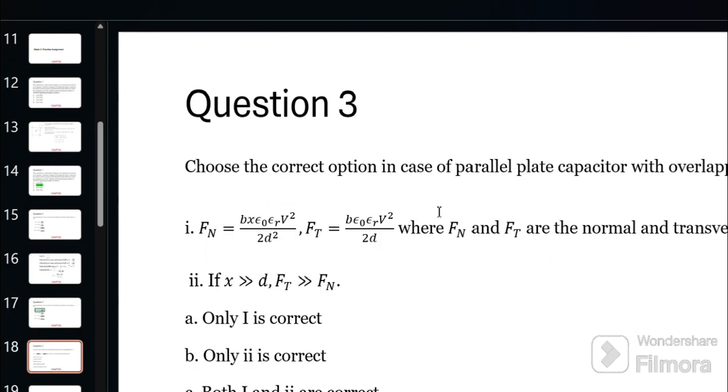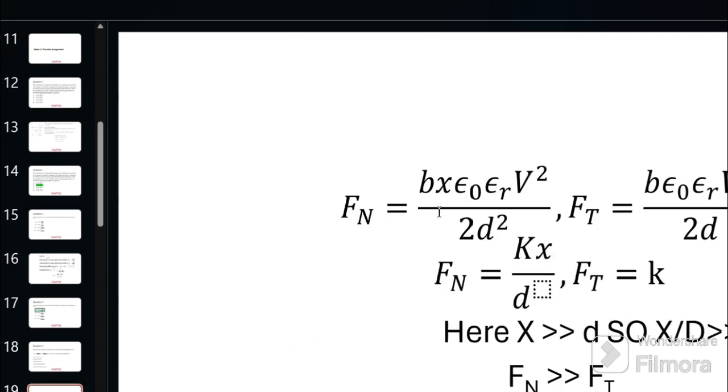So coming to the third question. This is the statement type of question, wherein we are given two equations and two statements. Basically we need to find which of the statements are correct.